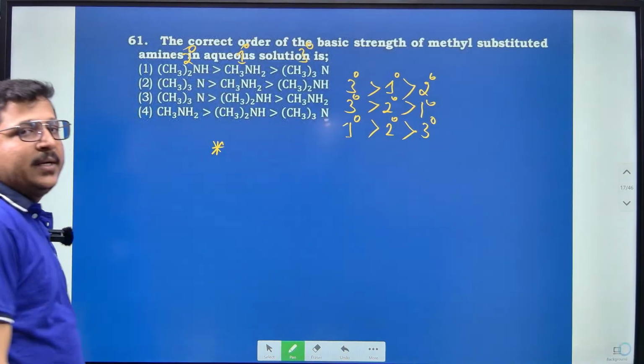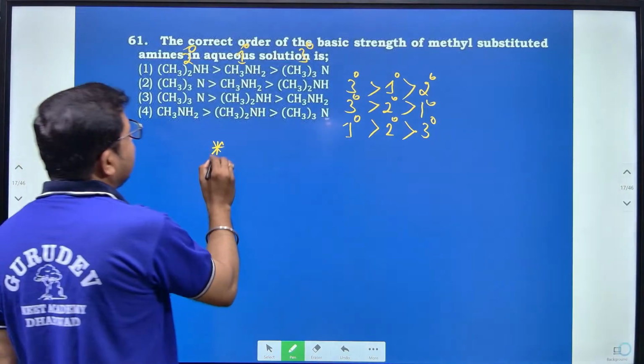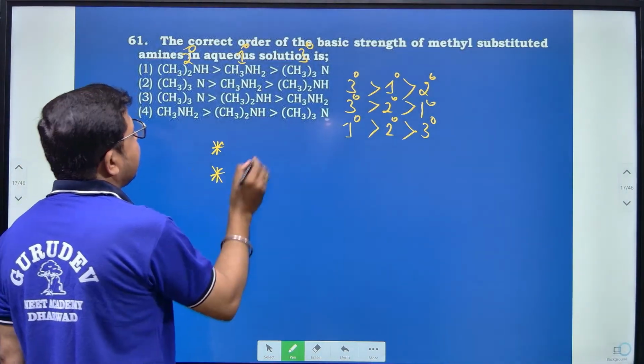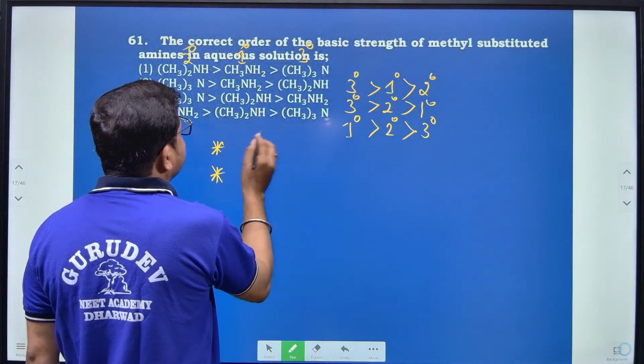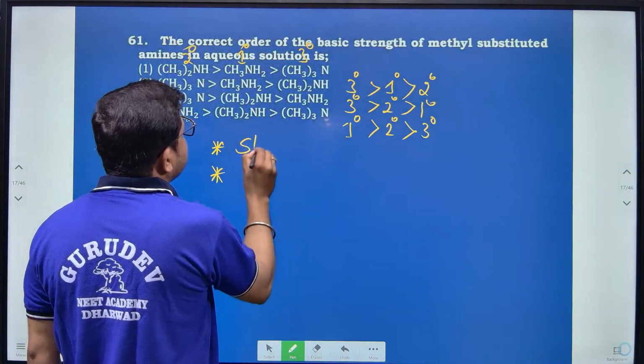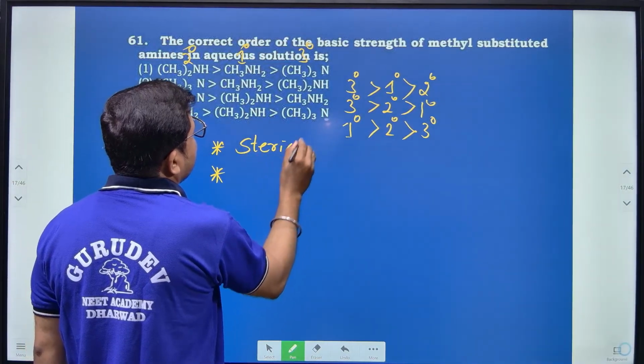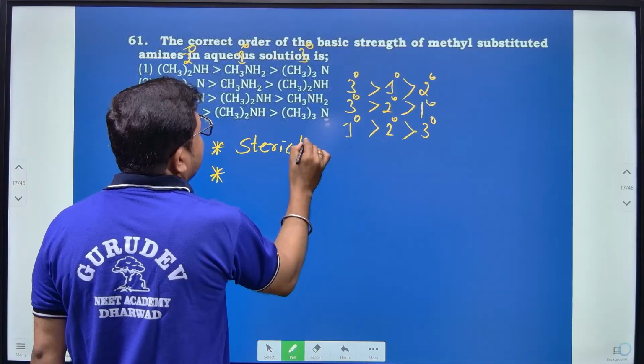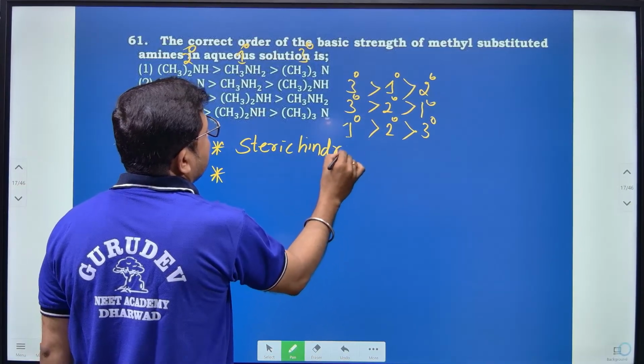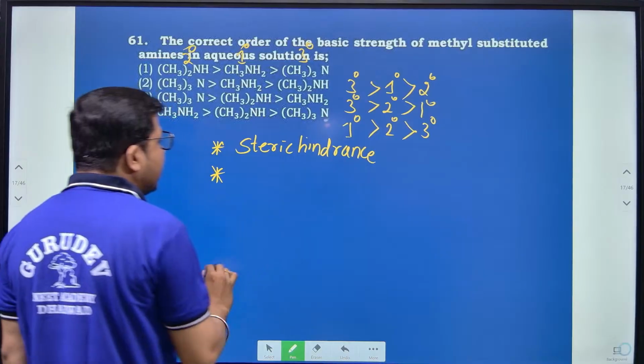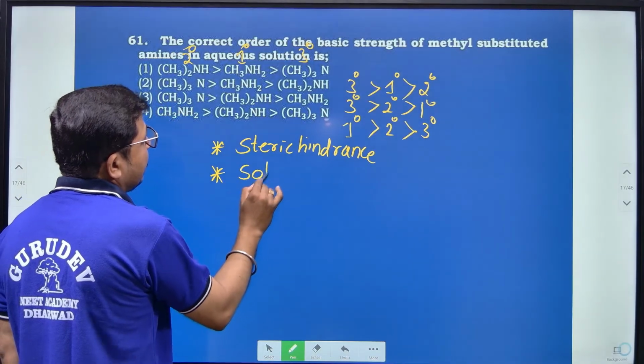But actually, based on 2 factors, the first one is steric hindrance, and the second one is solvation effect.